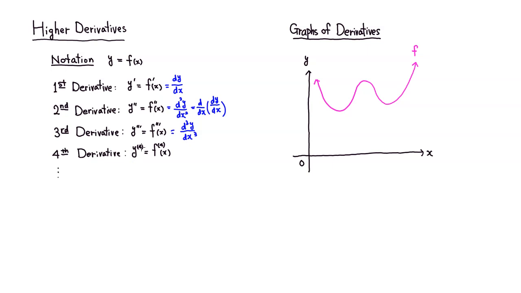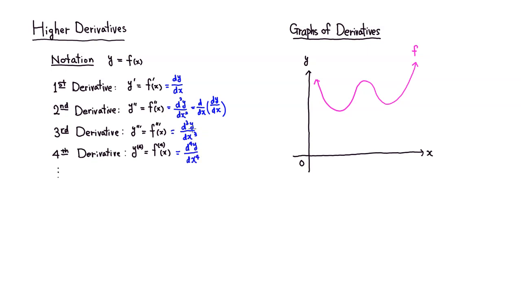We put the number of derivatives in parentheses. Don't forget the parentheses, because without them it means a fourth power, which is completely different. So the fourth derivative is y with 4 in parentheses. With the other notation nothing is different, you just change the numbers.